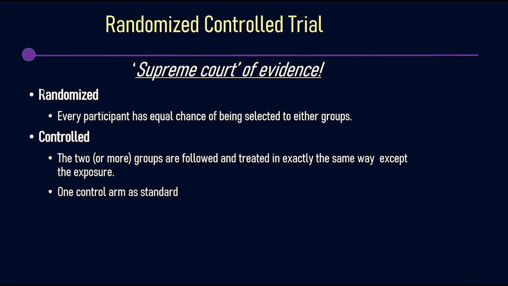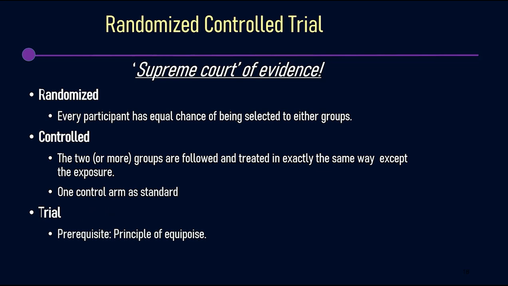So the group of patients who receive the usual treatment serve as a control. That's why the word control. And trial means that you are doing some kind of experiment to understand which treatment is better in a disease.